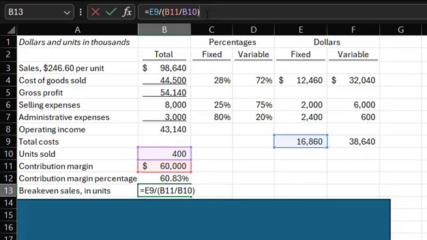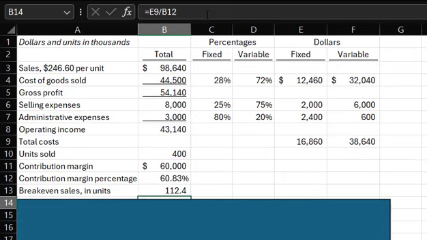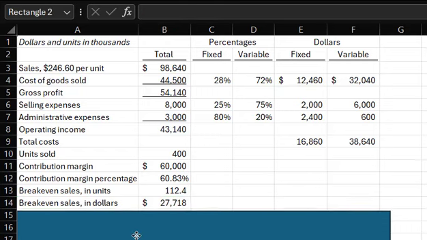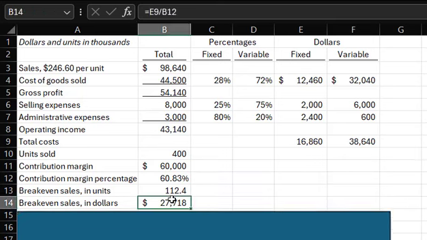So take what you calculated in cell E9, which was total cost, and divide it by the contribution margin per unit, 60,000 divided by 400, and you get break-even sales would be 112,400 units.